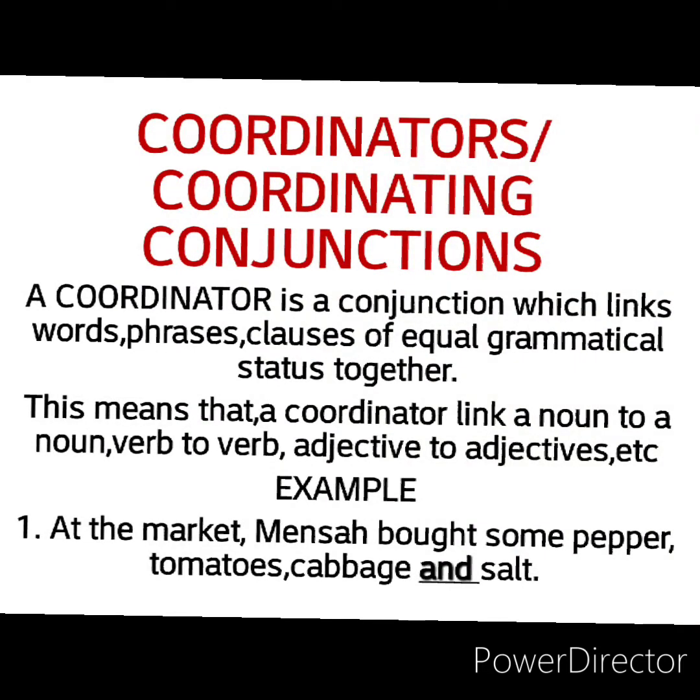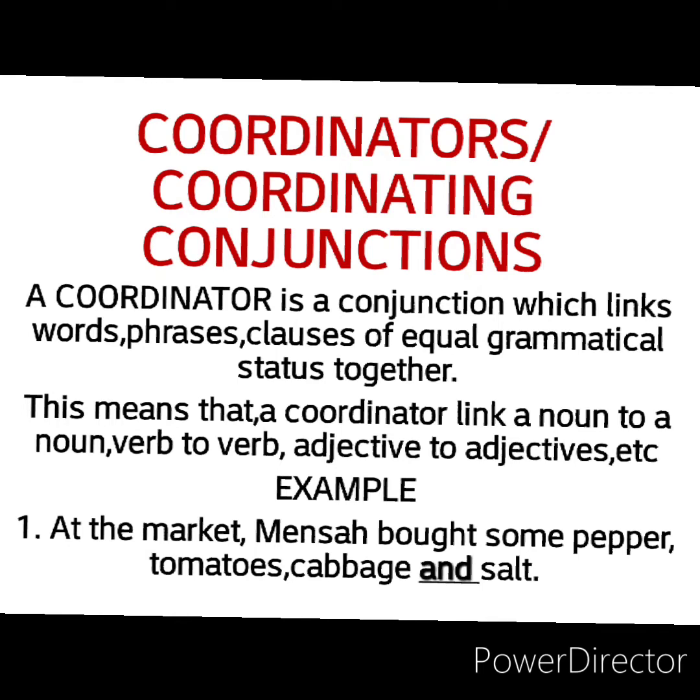When we talk about coordinative conjunctions or coordinators, we said that is a conjunction which links words, phrases, clauses of equal grammatical status together. So words that link words or grammatical units of the same rank together is what we call coordinators.